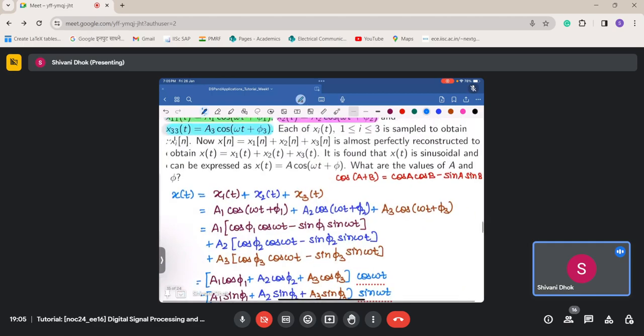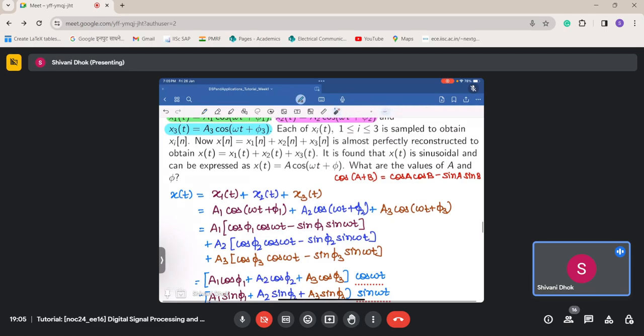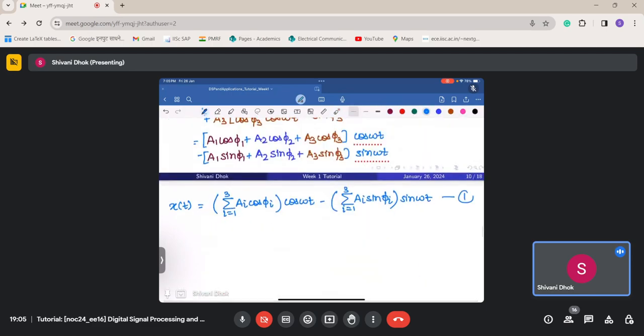And what we have been given is this x of t can be represented in this form. So let's say this is equation 1. We are given that x of t can be represented as A times cos of omega t plus phi.